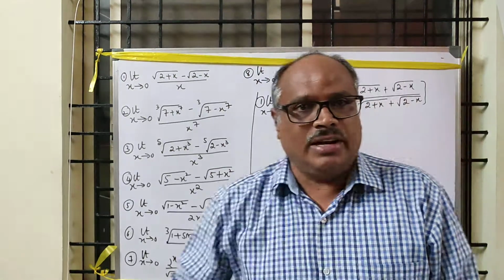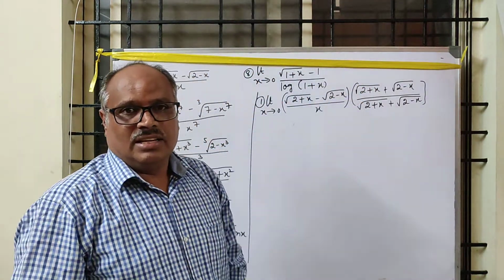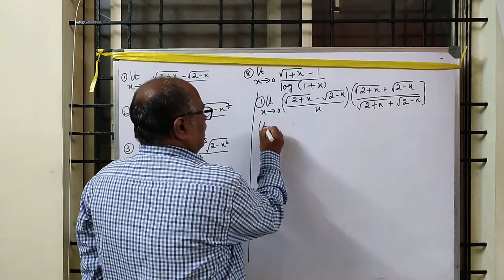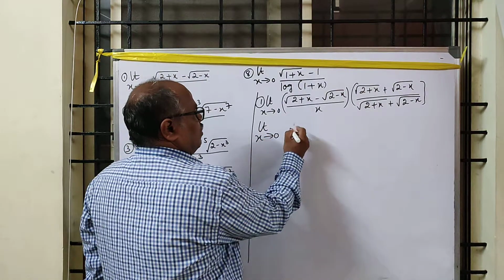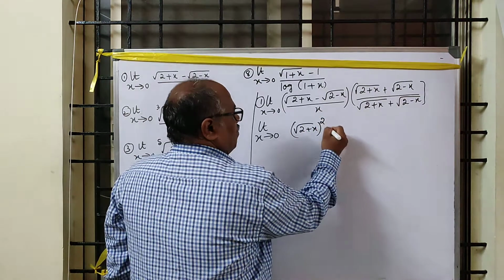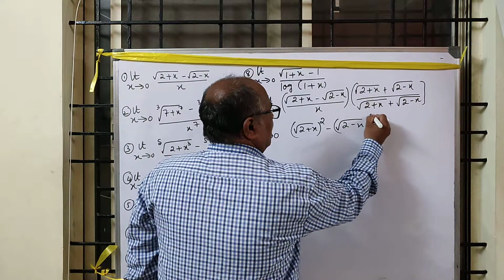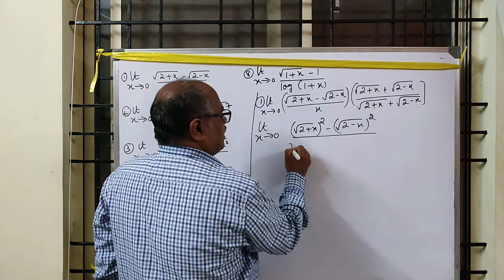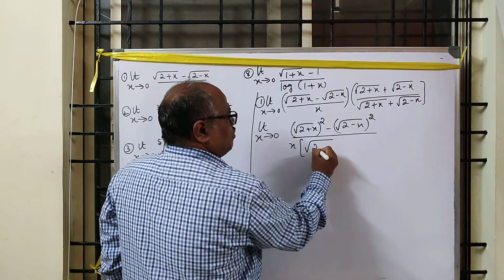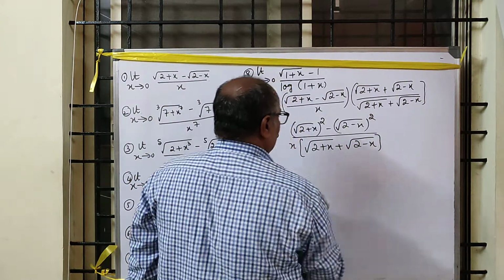Now the numerator is in the form of (a minus b)(a plus b), which gives a squared minus b squared. Limit x tends to 0, (square root of 2 plus x) squared minus (square root of 2 minus x) squared, divided by x times (square root of 2 plus x plus square root of 2 minus x).